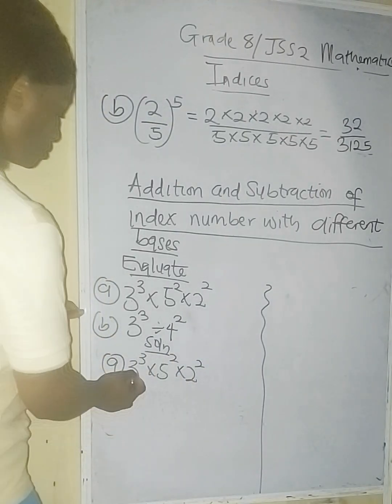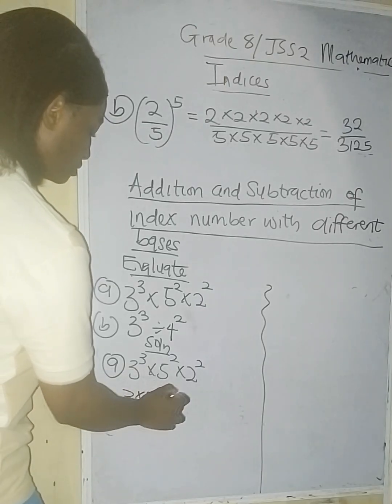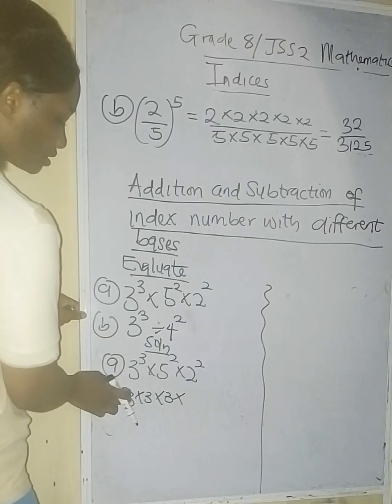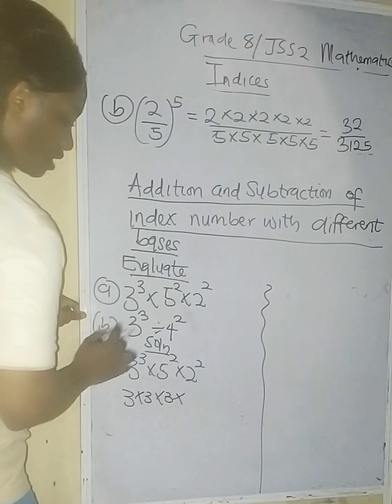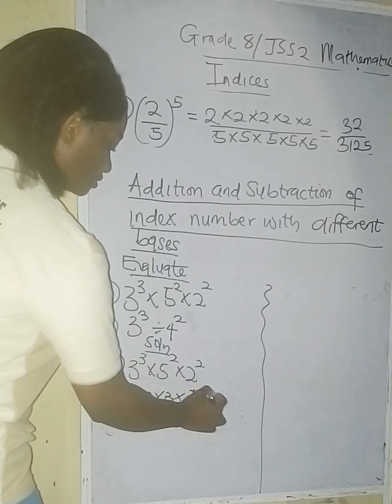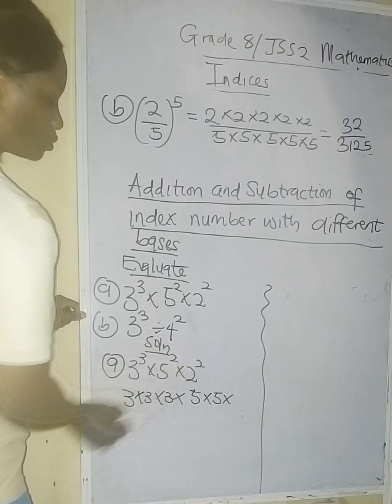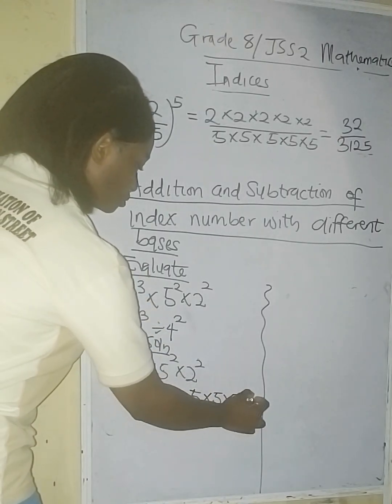So that will be 3 times 3 times 3. This 3 is raised to power 3, so we count it 3 times. This 5 is raised to power 2, so we count it 2 times. That is 5 times 5. Now this 2 is raised to power 2, so how many times are we going to count it? 2 times. So that is 2 times 2.